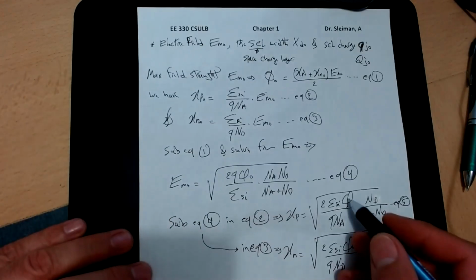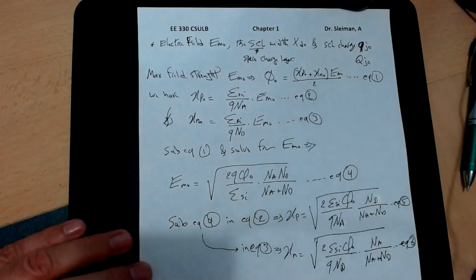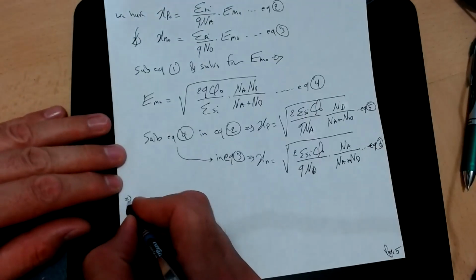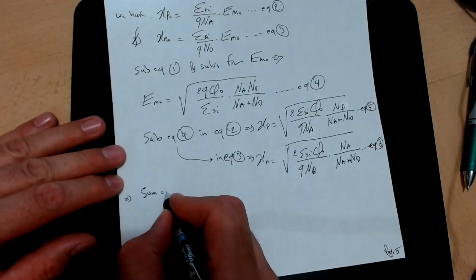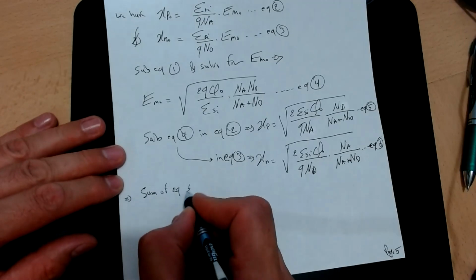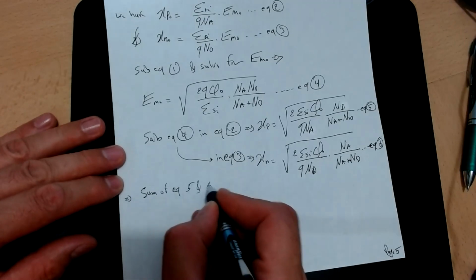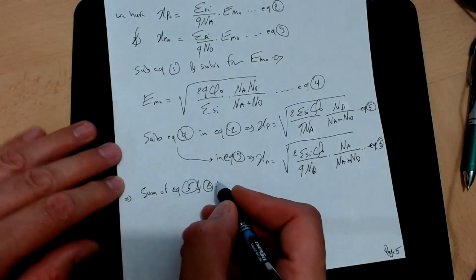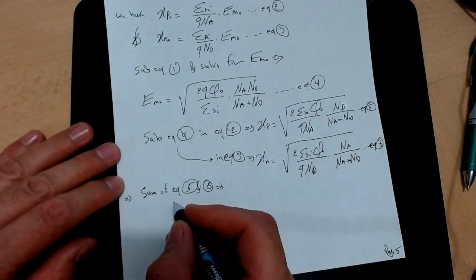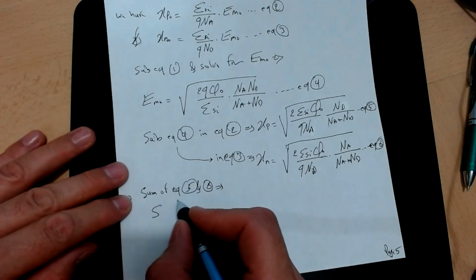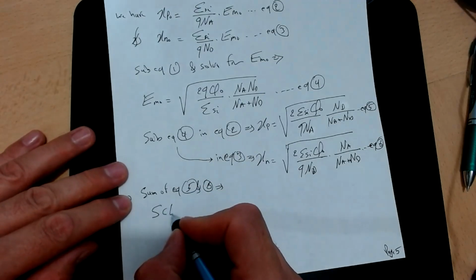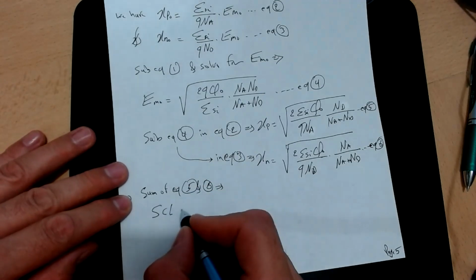So most likely the sum for XP and XN, the sum of equation 5 and 6, will give us the space charge layer for the XD0.